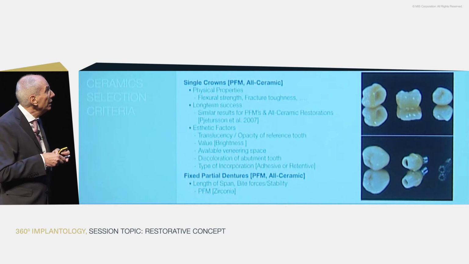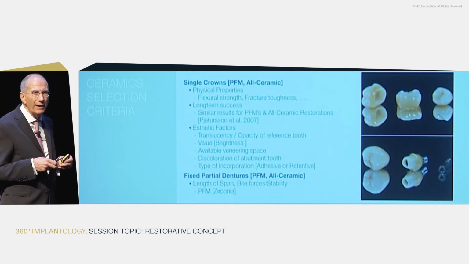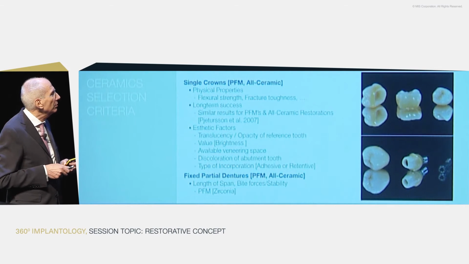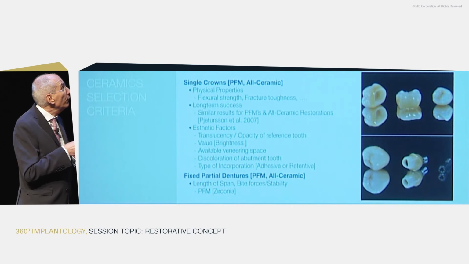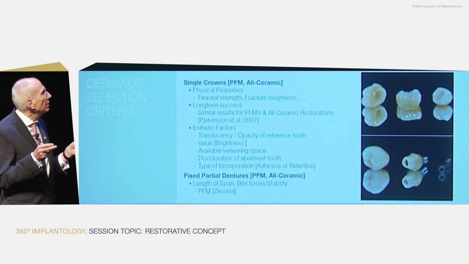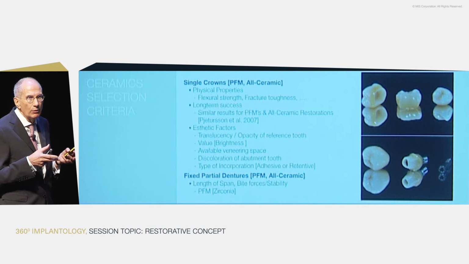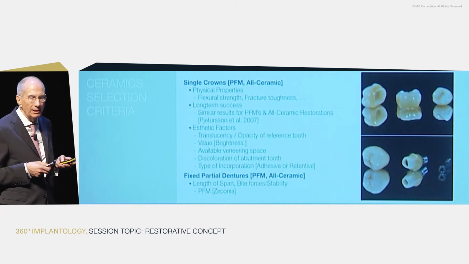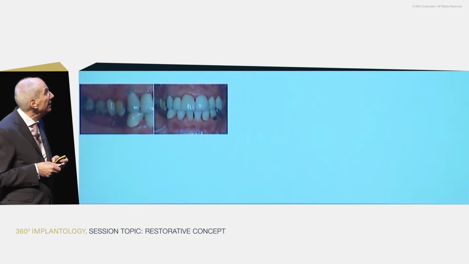And if we are having the aesthetic factors, it's even more complicated because then the single case is deciding more and more. So for single crowns, we can use today whatever we like, where we are best off, but for fixed long-span solutions, PFM is still the solution of choice because of stability.